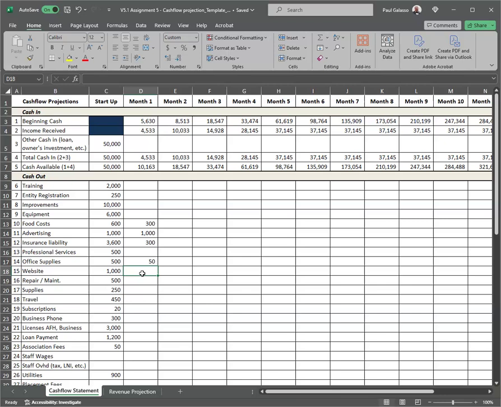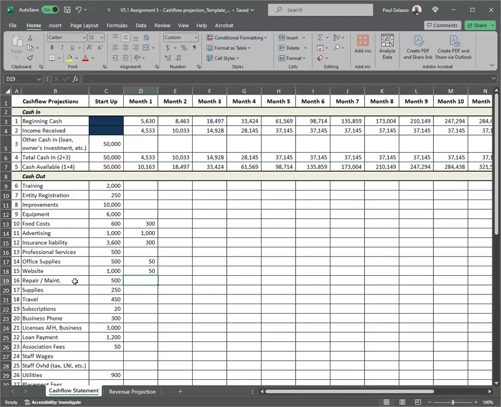Now, this is money that's going to be used to pay web hosting, also maintenance on the website, make sure it doesn't get hacked or anything like that, and updates to the website if we need to do it. So I'm going to estimate that it's probably going to be about $50, which is fairly standard. It might be a little higher, it might be a little lower, depending upon how you did your website and who you hired, things like that.